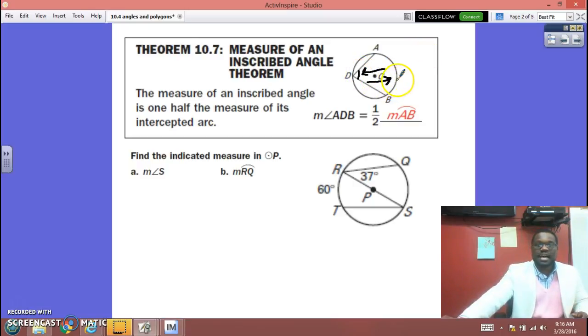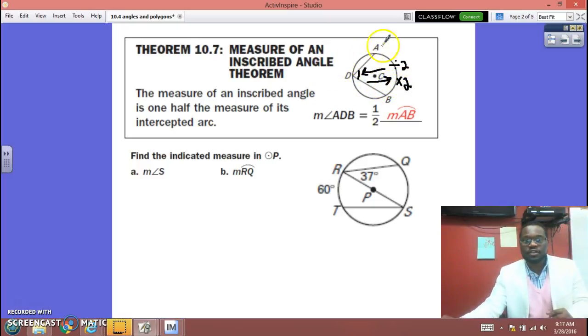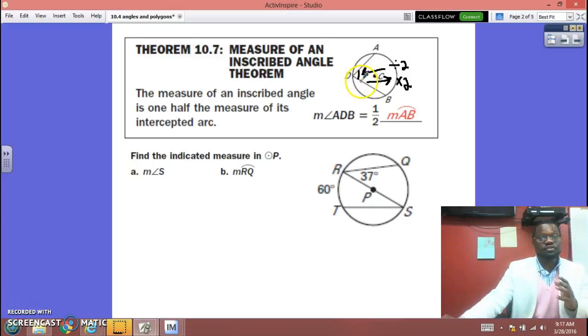So this is times 2 going this direction, and this is divided by 2 going this direction. And what do I mean by going this way or that way? From the arc to the angle, you divide by 2. If you know the arc and you're trying to find the angle, you divide by 2. If you know the angle and you're trying to find the arc, you multiply by 2.